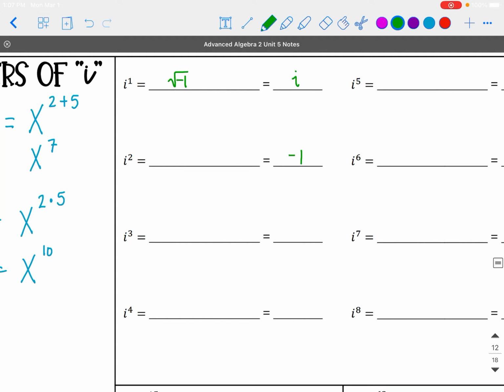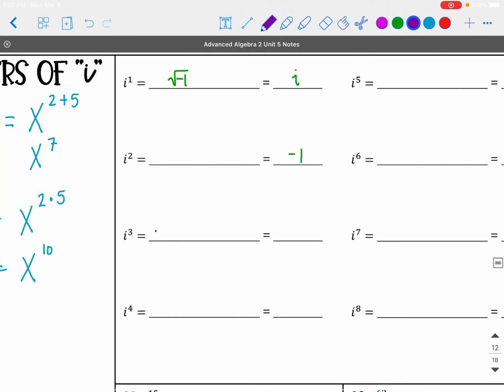So i cubed, that would be i squared times i to the first power, because i squared times i to the first is i cubed. And since i squared is negative 1, and i to the first is just i, that would be negative i.